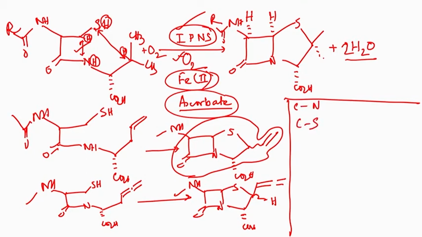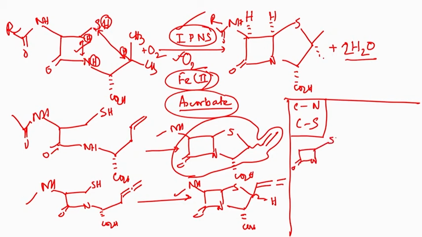Which bond is formed first? Mechanistic organic chemistry, the first question is which bond is formed first? Because if this carbon sulfur bond is formed first, that means you get a macrocycle in the beginning like this, and then the carbon nitrogen bond is formed. The other is that the carbon nitrogen bond is formed first, so the question is which is the intermediate for this reaction.